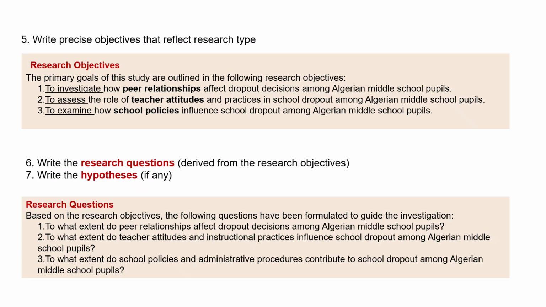One way to avoid any potential confusion regarding the constructs or the variables that appear in the questions and in the objectives is, after writing the objectives and the questions, to devote a whole subsection termed definition of key terms. You will write definitions, operational definitions, for all the terms that you have used, and then you are going to act based on these definitions in your study.